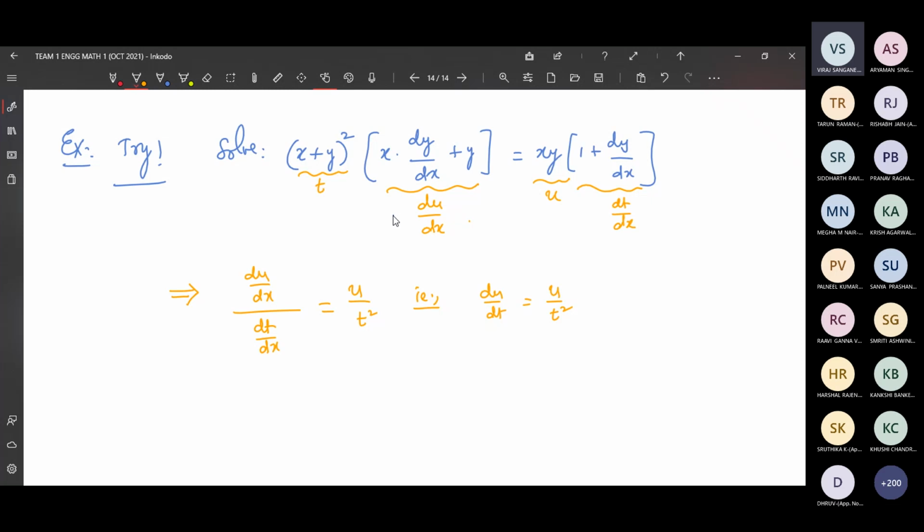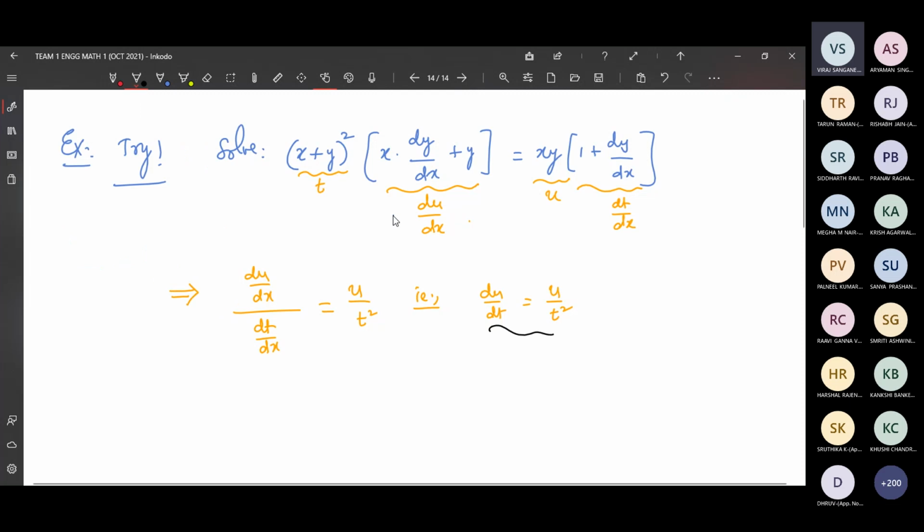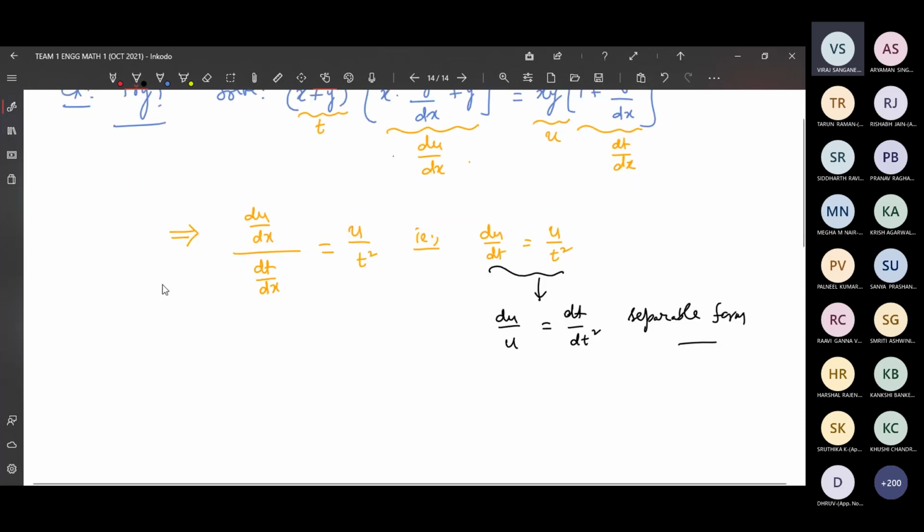So du by u equal to dt by t square. From this you can directly integrate both sides and go for back substitution. So try this one, okay? The remaining you have to try.